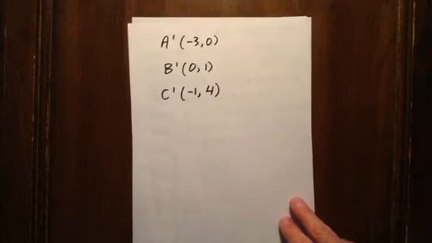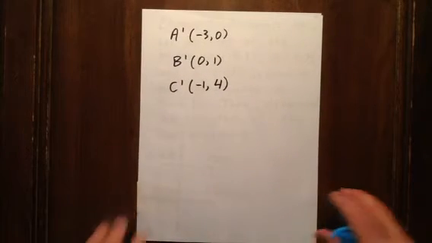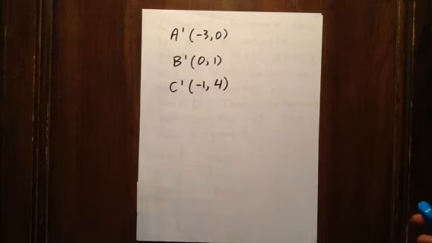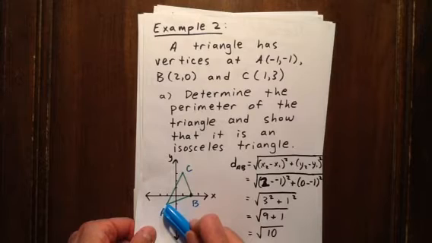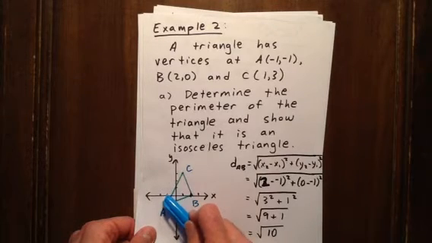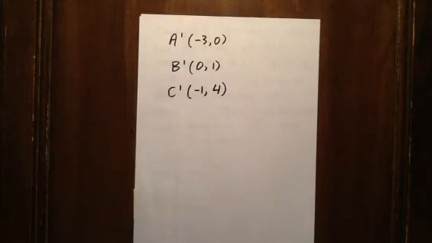So our new points are going to be the same as the coordinates of our old points, but with every y having 1 added to it, and every x coordinate having 2 subtracted from it. Okay? So since our original A was at (-1, 1), we're going to add 1 to the y and subtract 2 from the x.